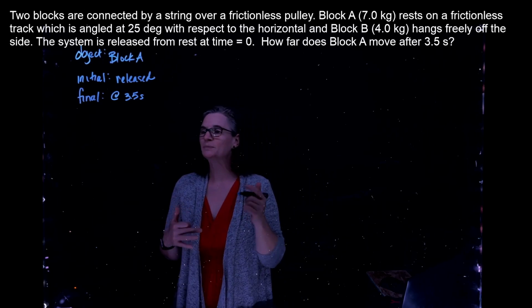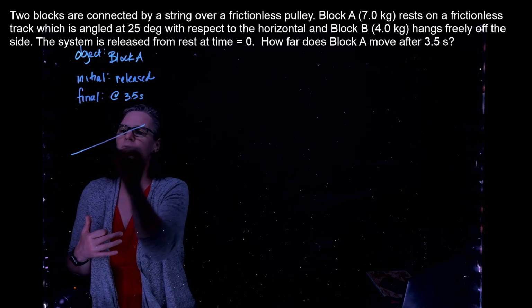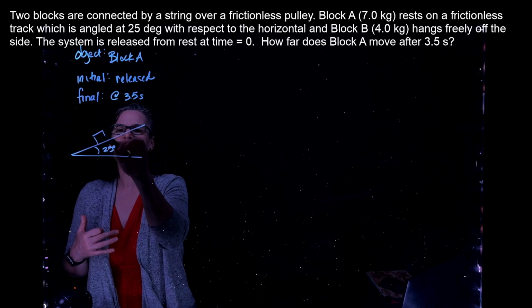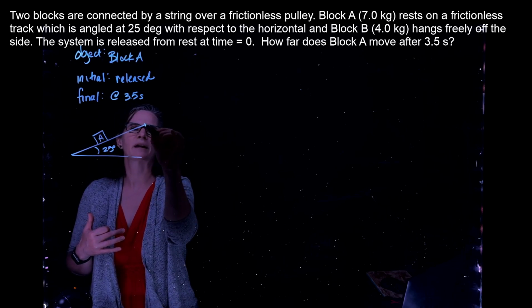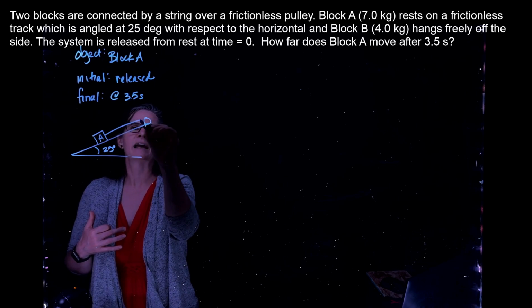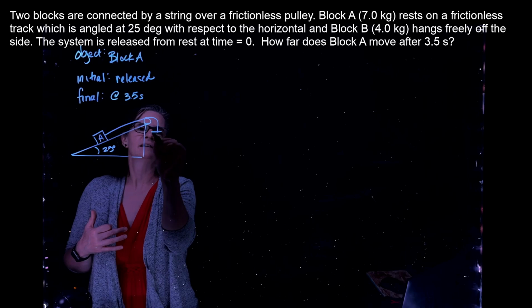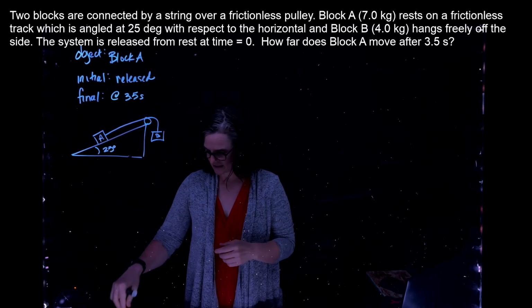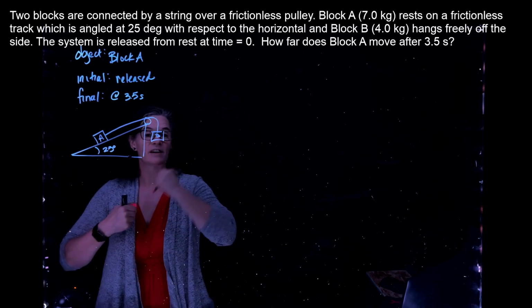So I've got to draw a picture. All right, so here's our ramp. Here's our 25 degrees. I have block A here on that ramp. Here we've got a little pulley. And here's block B. And when we think of drawing a picture, we have to identify, of course, a few things. We need to identify the origin.